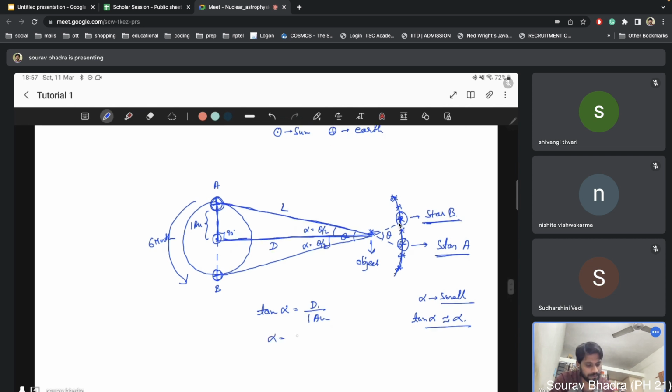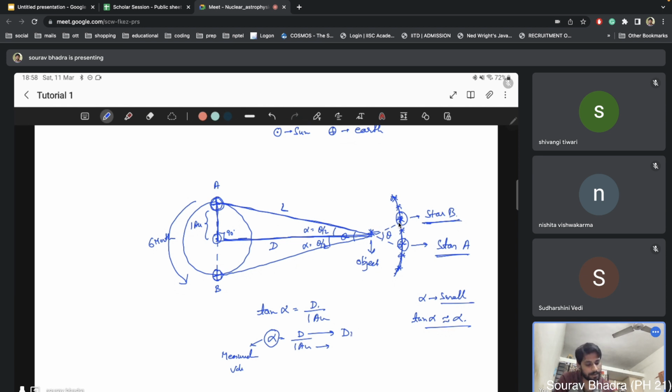So alpha equals D by 1 AU. Now you have this measured value of alpha, and you know 1 AU. So from this you can measure D, which is the distance of the star from the sun, or from the earth, because this is very large and I have not shown that in the figure. So the distance from the sun is roughly equal to the distance from the earth.